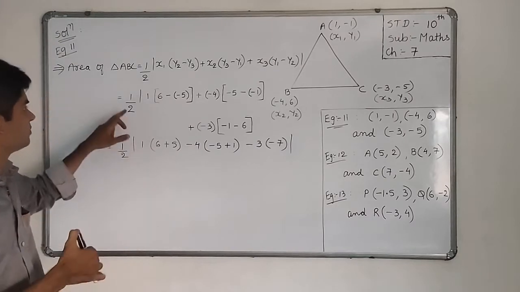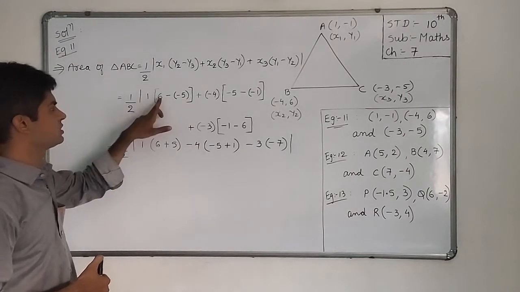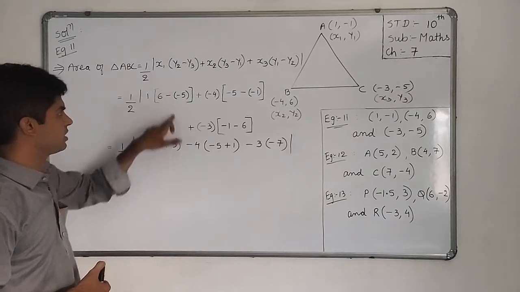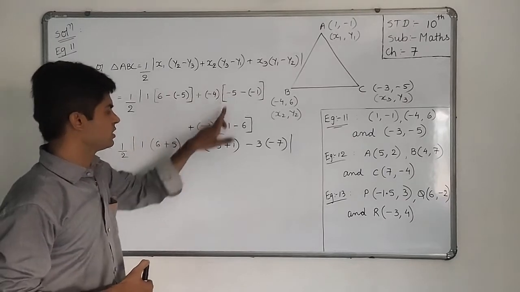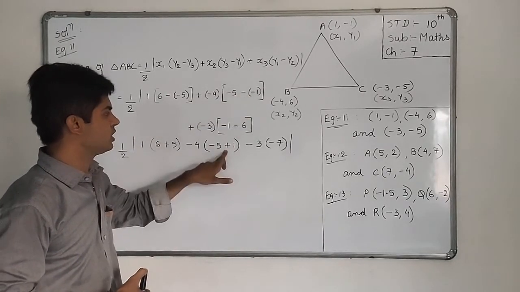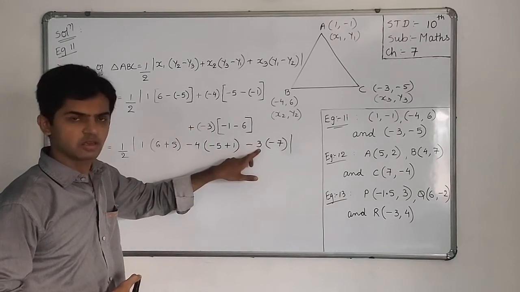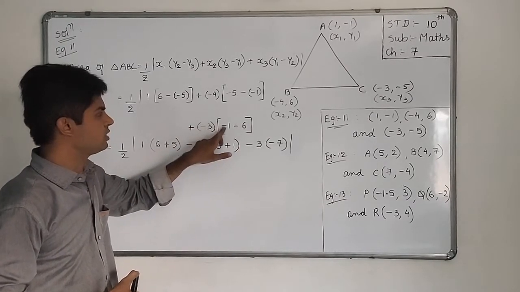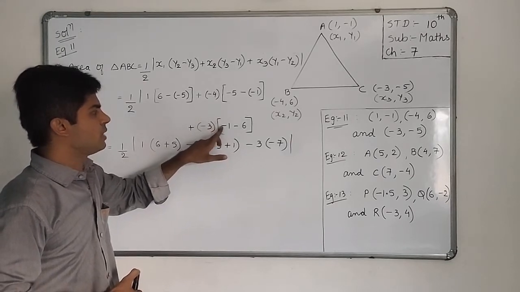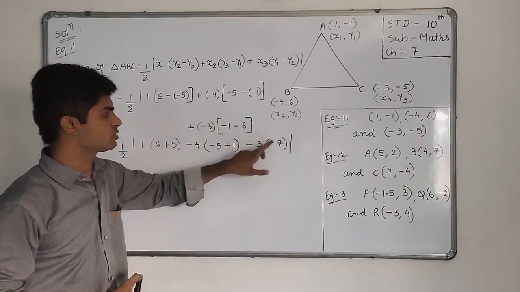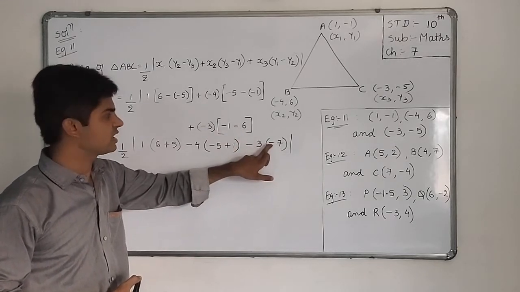Understood? Again one more time. See here, 1 by 2 modulus 1 6 minus minus plus 5 bracket over, plus minus minus 4 minus 5 minus minus plus 1 bracket over, plus minus minus 3 multiplied with this minus 1 minus 6. It means minus minus addition. 6 plus 1 is 7, bigger digit sign. So यहाँ पे minus की sign आएगी.